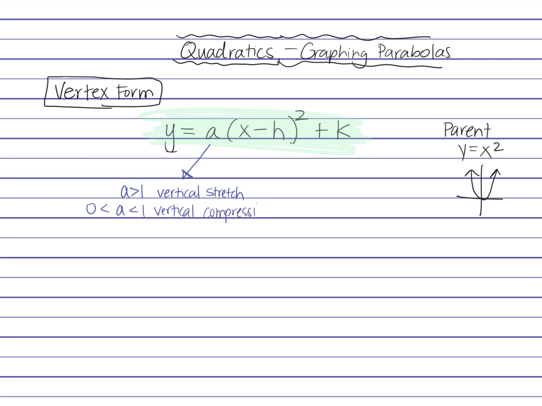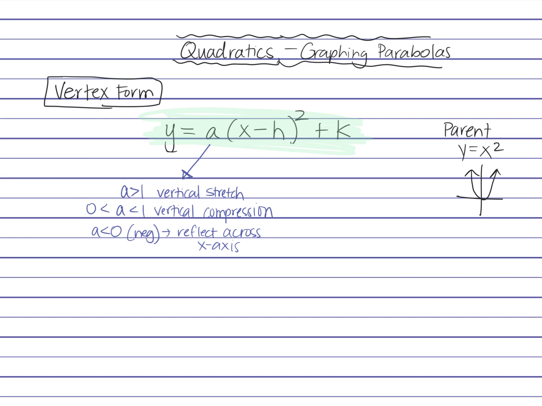We can get that down in our notes. We did this earlier in the year, so you probably have this, but good to have it again. And if a is negative, or less than 0, remember it's going to reflect across the x-axis. So we want to get all those things down for the a value.